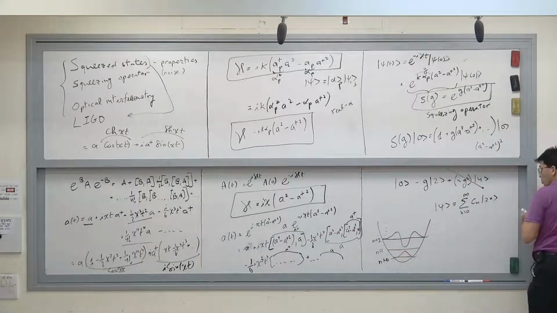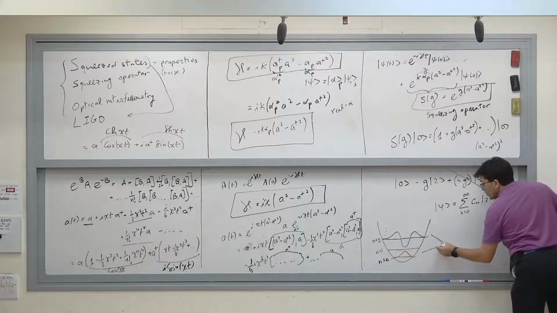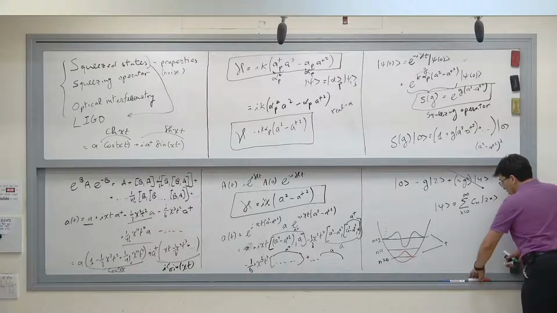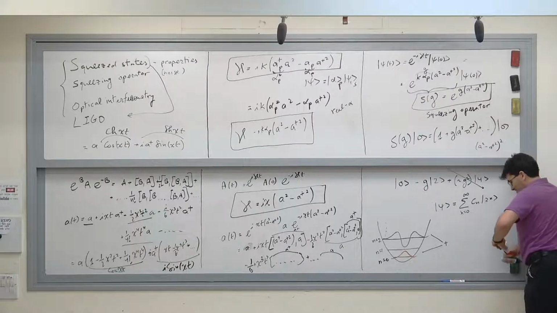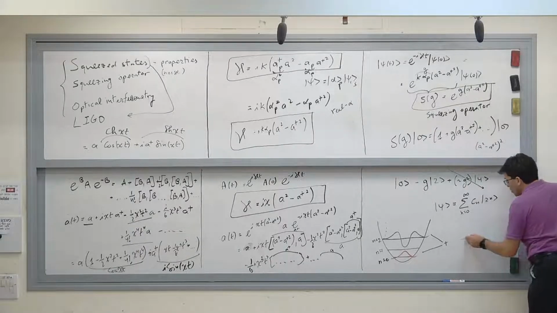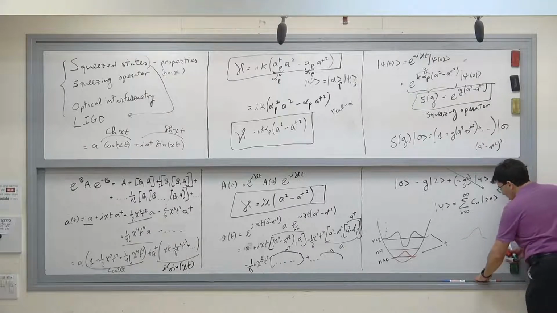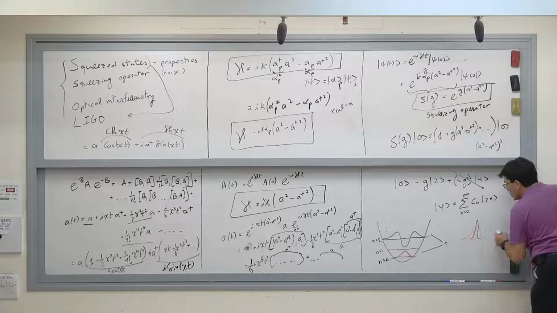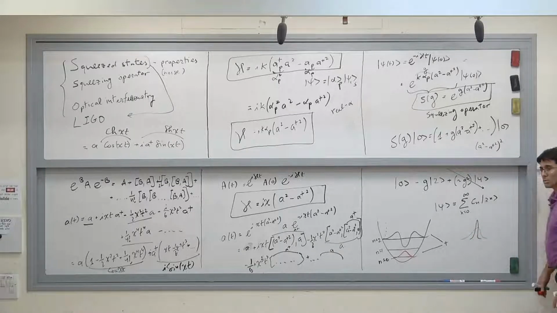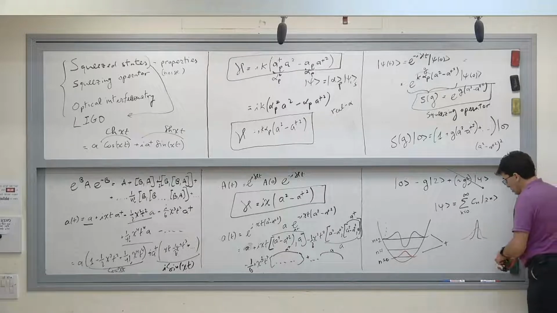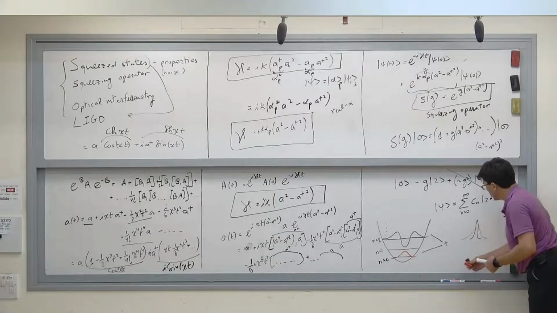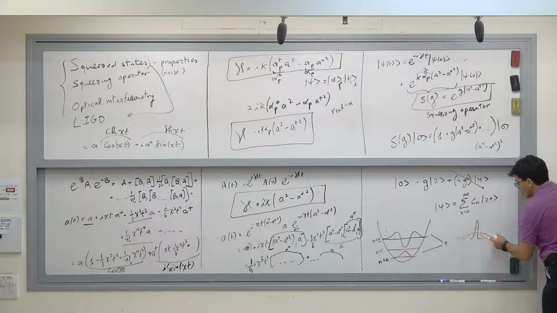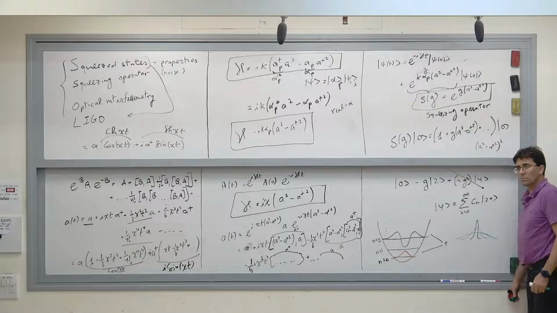When I take those two and sum them up, if that's the original vacuum, then I either have something that is more squeezed or shallow. Do you see why?